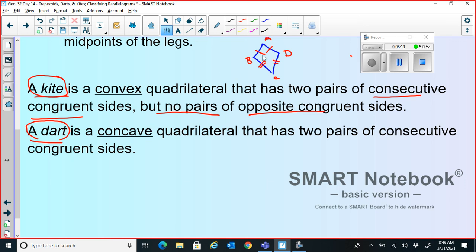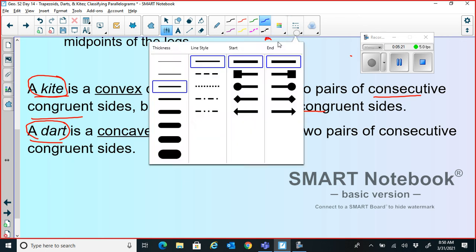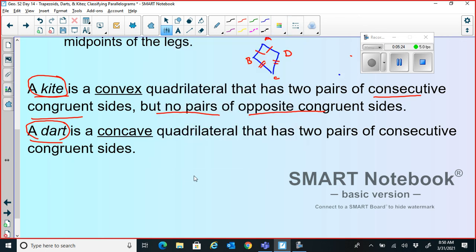If I were to just shift it in this manner, this is nothing but a dart. So I have this pair which is congruent. I have not drawn it correctly. And if I were to have something like this, this is concave, and if these two sides are congruent, like if I were to have AB congruent to BC and AD congruent to CD, then this becomes a concave quadrilateral.